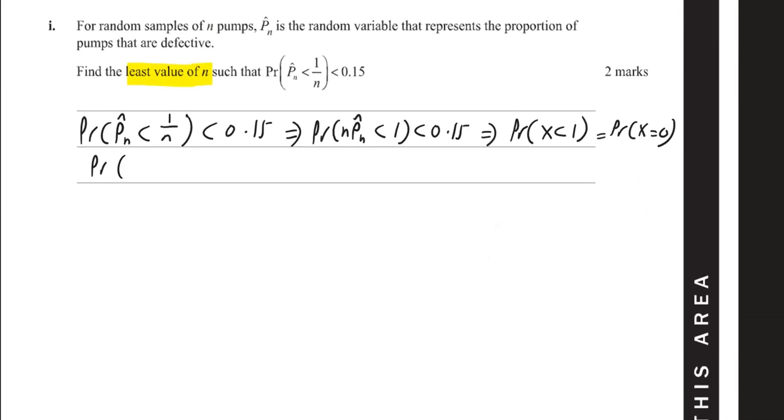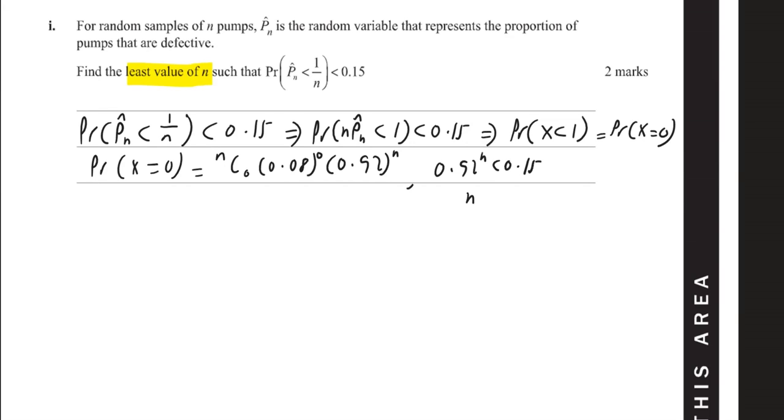Now we want to evaluate PR x equals 0, and that's binomial n choose 0 times 0.08 to the power of 0 multiplied by 0.92 to the power of n. And to solve for n, you just do 0.92 to the power of n is less than 0.15 because we want that condition.